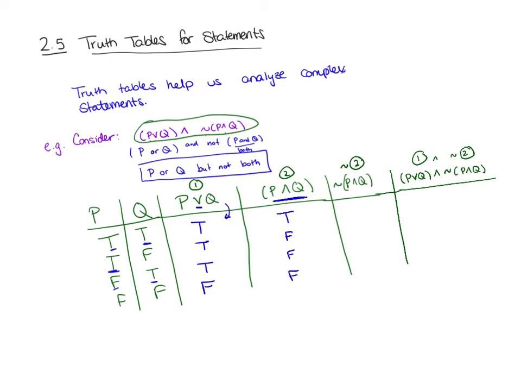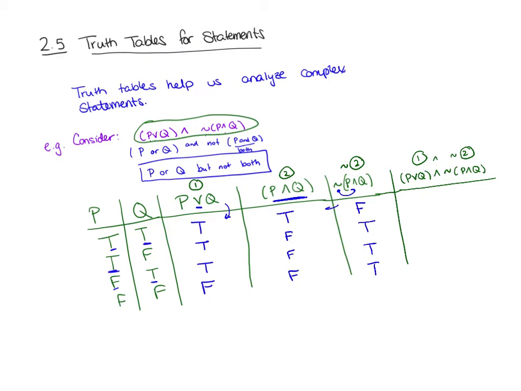Now I need to negate P and Q. So I'm just doing the negation of the one before it. When a statement is true, its negation is false. False goes to true. So we can build that up.